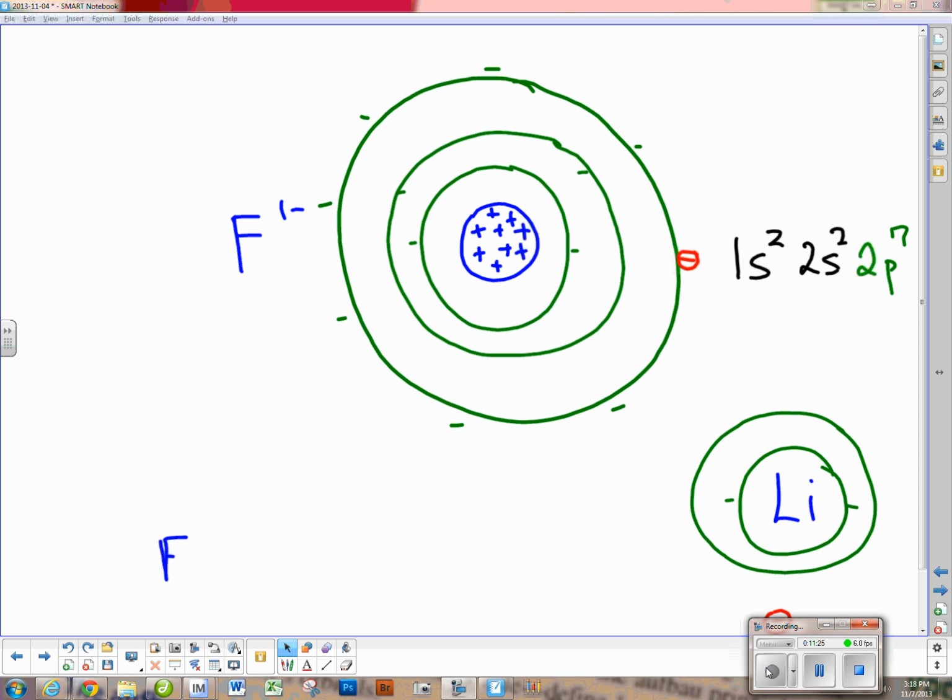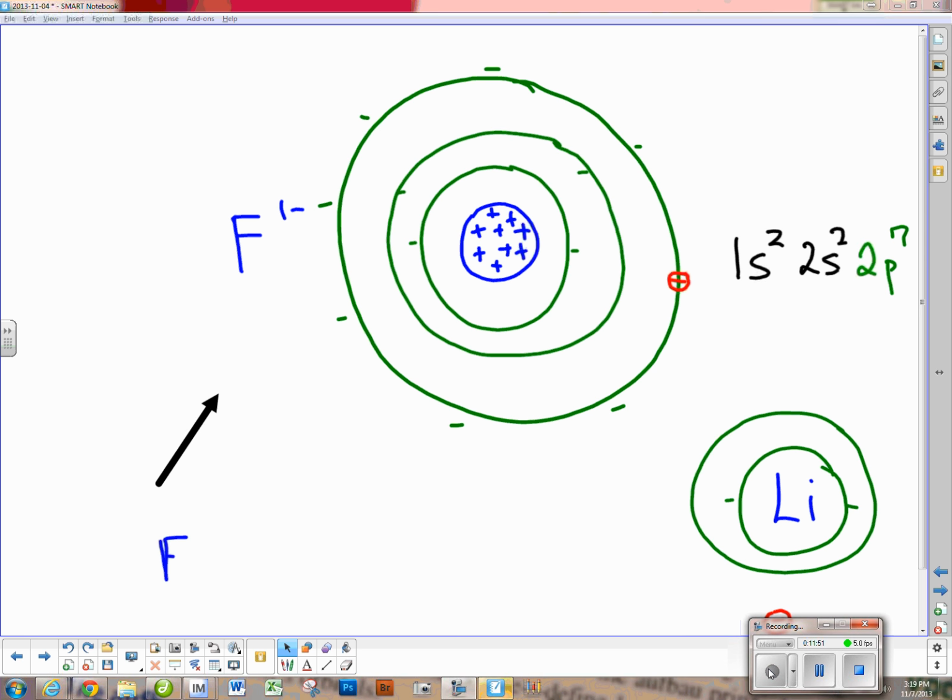There's one little deal that I wanted to make clear to you, that when lithium took this little electron that I'm messing with right now and gave it over to fluorine to make fluorine into fluoride. So you see fluorine became the fluoride when this guy left lithium.